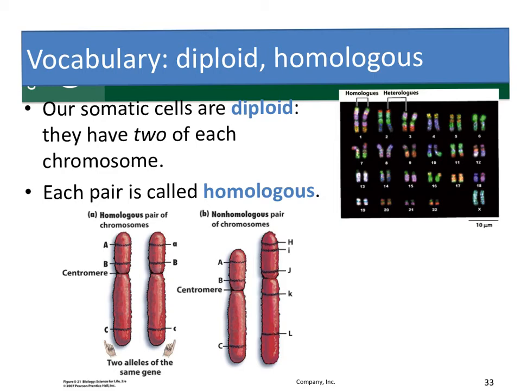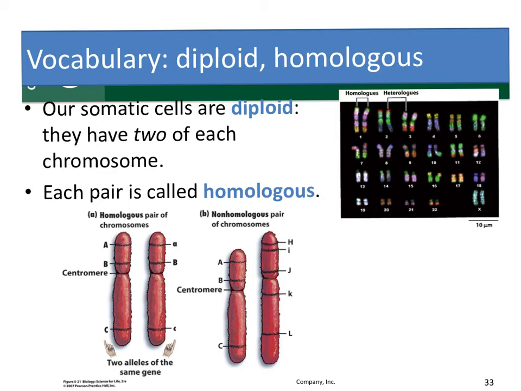Like the one on the left has big A, the one on the right has little a, and then big B and big B. They're identical on both the left and right. And then again on C, there's two alleles. When you have a diploid organism, there's always going to be two alleles. Sometimes they're identical, they're homozygous. Sometimes they're different, heterozygous. We'll get to that later.